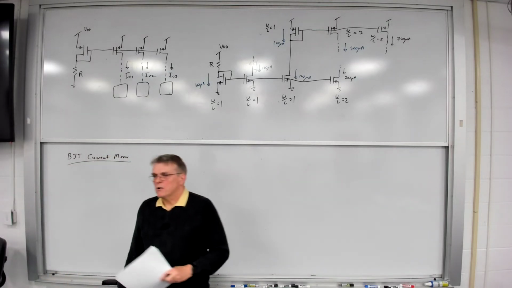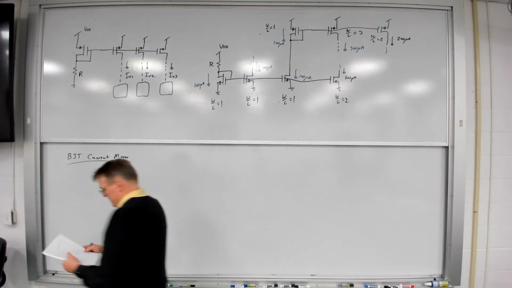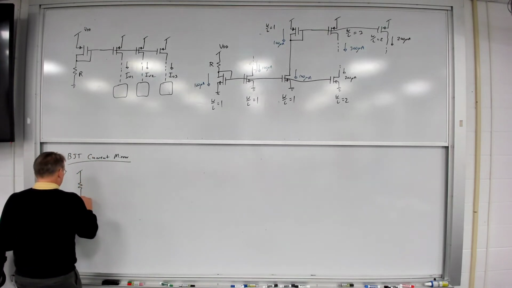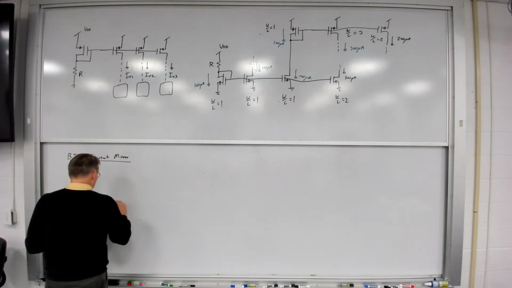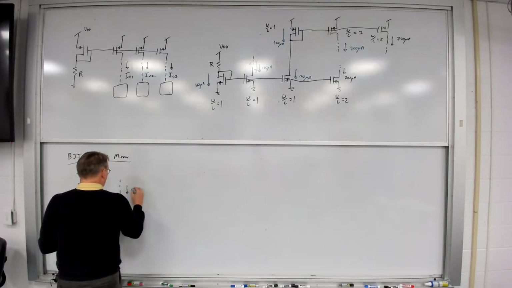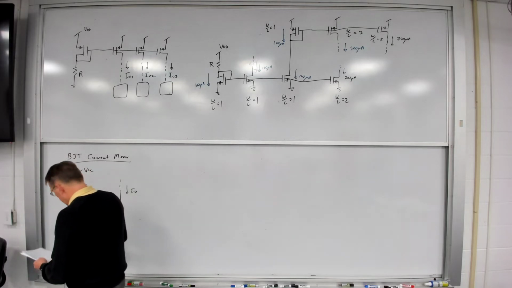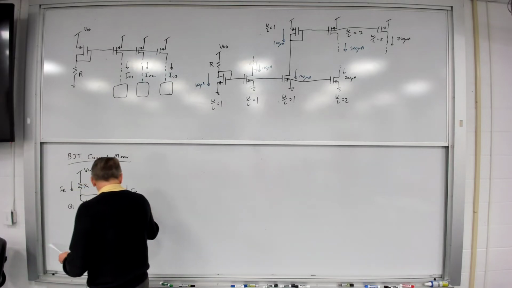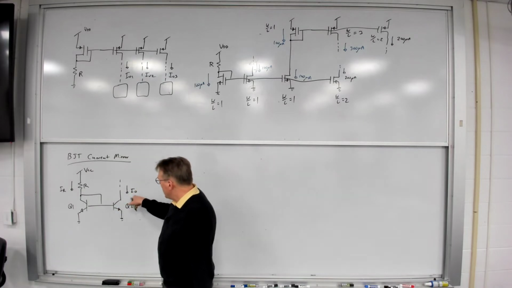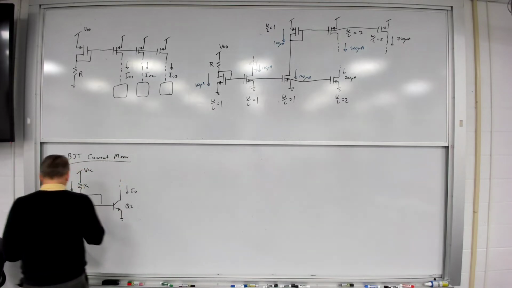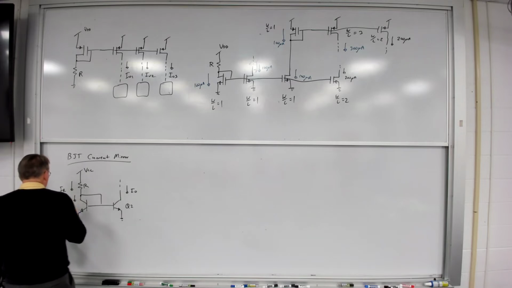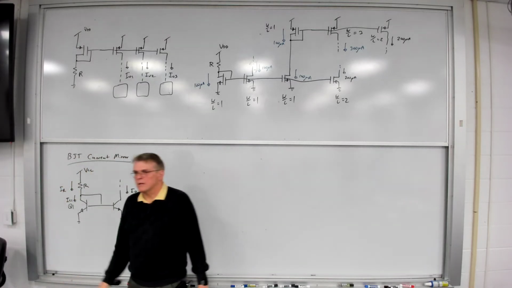The difference with the BJT current mirror is you have to deal with base current. So in this case, I've got Q1 and Q2. And I0 is going to be mirrored from IC1. But the problem is IC1 is not equal to IR.